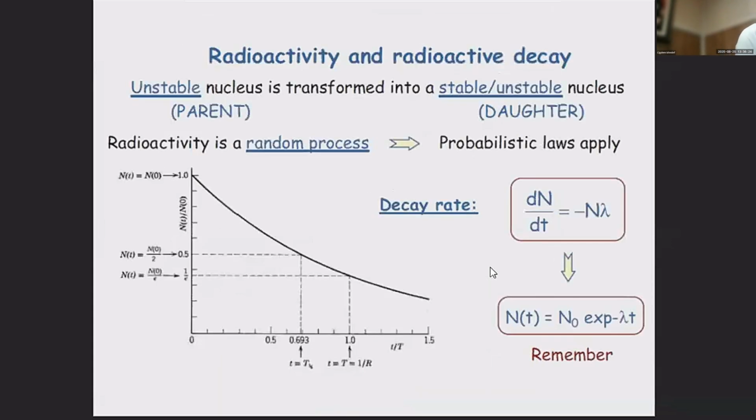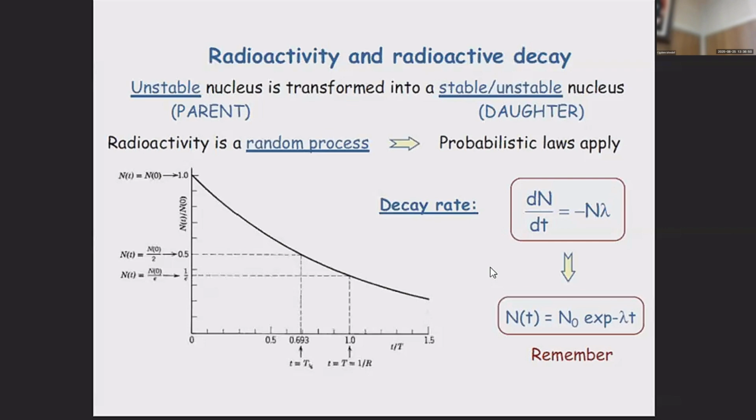Now, what are the basics of radioactivity and their units? An unstable nucleus is transformed into a stable one. The unstable one is called the parent nucleus, and the stable final product is called the daughter nucleus. It is a random process, very stochastic, very probabilistic.